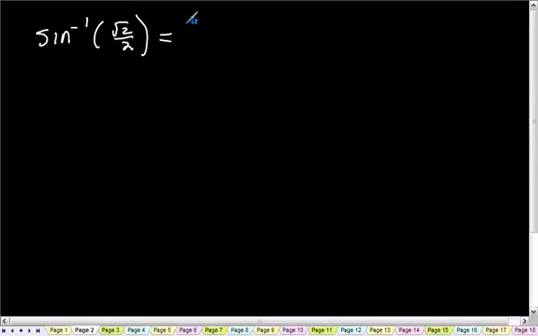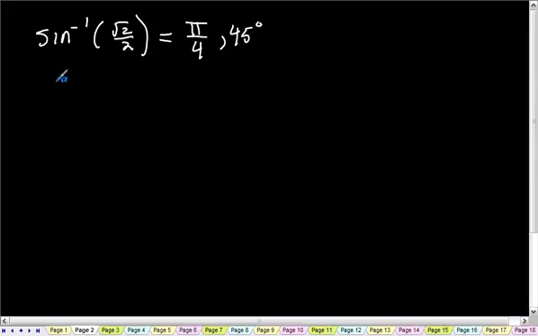In this case, the sine of 45 degrees, which is pi over 4 in radian measure, is radical 2 over 2. So the answer for this one would be pi over 4, or you can write 45 degrees. Most likely they're going to ask you for radian measure. This is 180 divided by 4. That comes out to 45. There's a chart that you have to memorize.